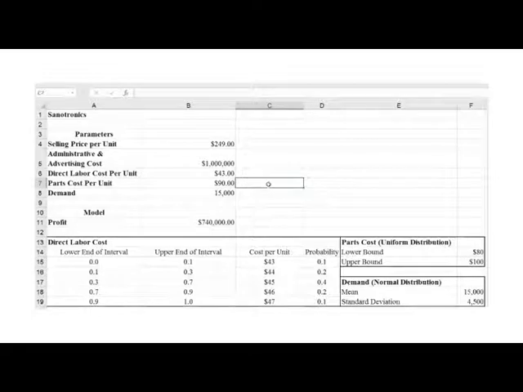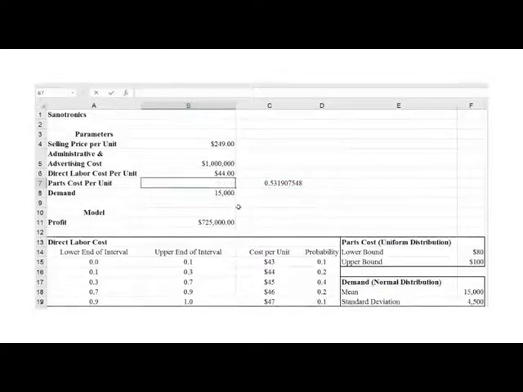To have Excel generate a value of this uniform random variable, we once again will use the rand function to generate a value between 0 and 1. And in this particular case, this random number between 0 and 1 is going to represent the percentage of the way between 80 and 100 that the parts cost per unit value exists.